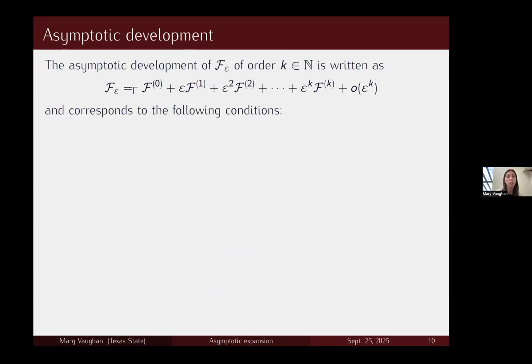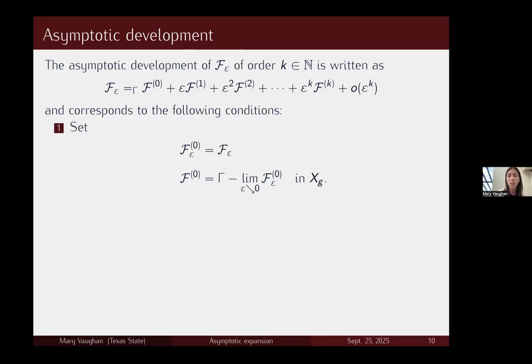Now, what does this asymptotic development mean within that function space, and for our functional with the boundary conditions? I already had this on the previous slide, but this is the notation we use for asymptotic development, and it corresponds to the following conditions.